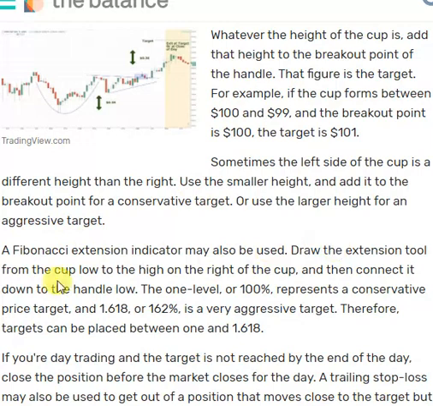Draw the extension tool from the cup low to the height on the right side of the cup, and then connect it down to the handle below. The one level or 100% represents a conservative price target, and 1.618 or 162% is a very aggressive target. Therefore, the target can be placed between 1 and 1.618.